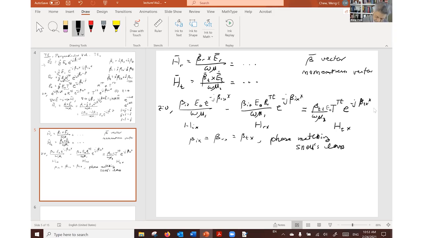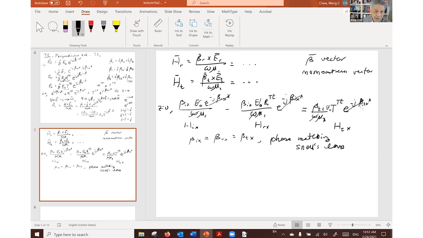Okay, but then it also allows you to cancel these terms out, because all these are the same expressions now. Okay, and then I can cancel the E naught because they're just common to all of them. And then I can almost cancel the omegas out, not the mu's though.